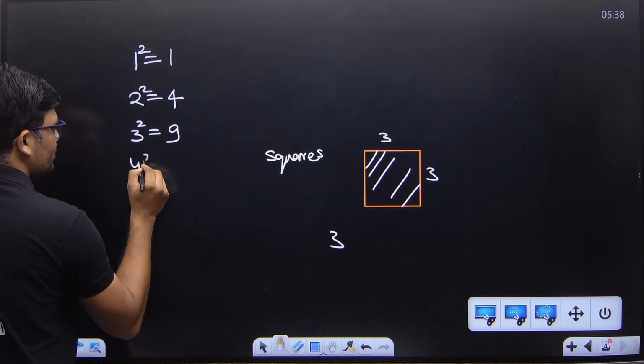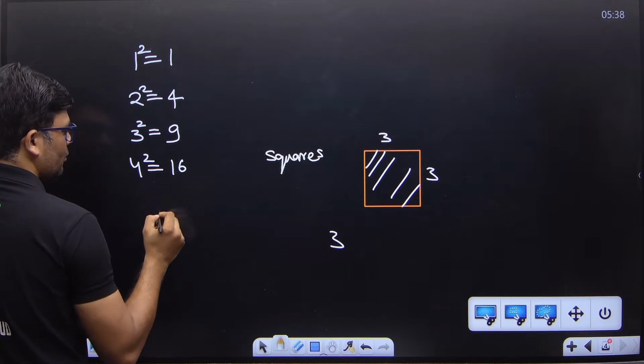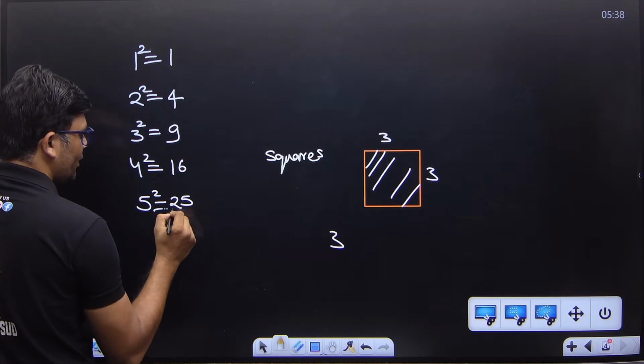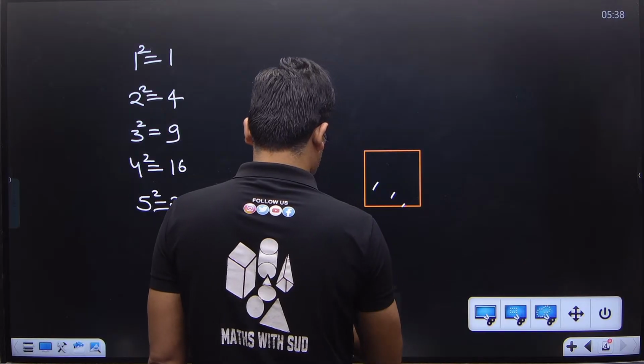4 square is how much? 16. Very good. 5 square is how much? 25. Very good. Write down.